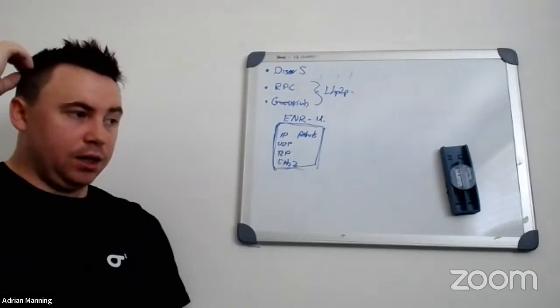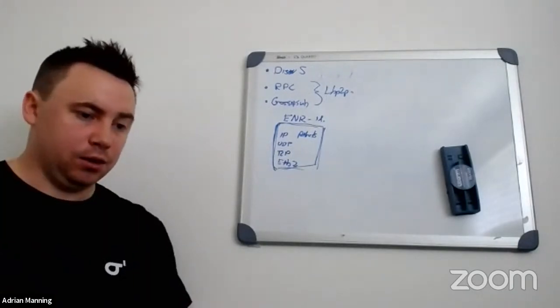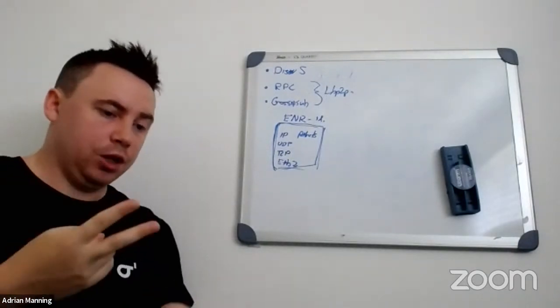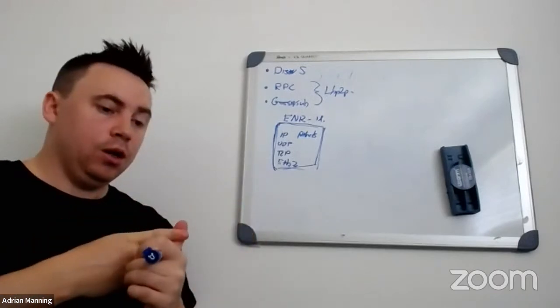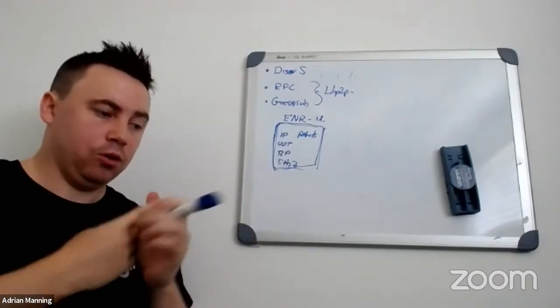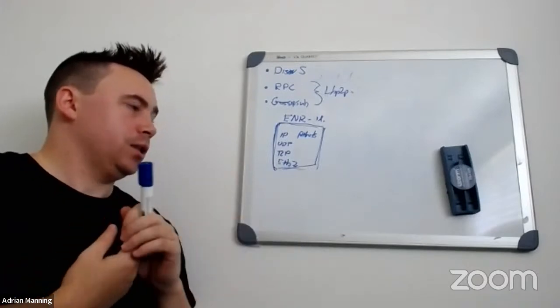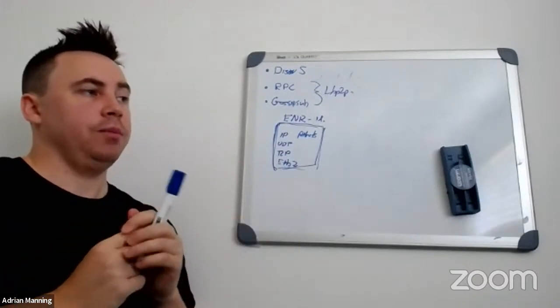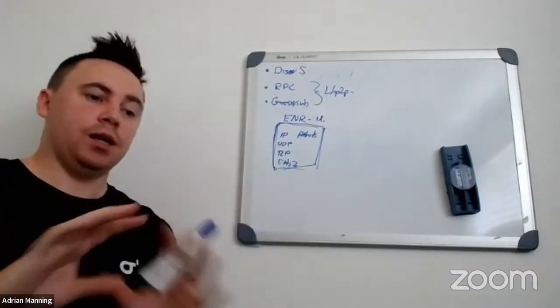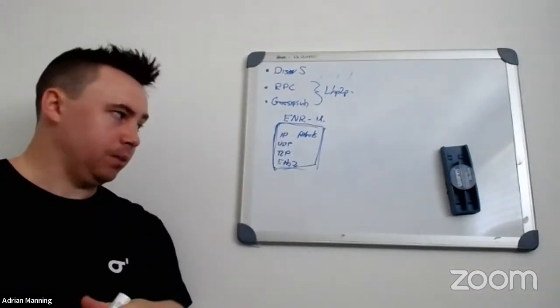So inside ENRs, we can put information that allows us to search for peers. The two Ethereum-specific ones are the fork, so we can search for peers on a particular fork, network, or chain, and the attestation nets field, which I'll talk about later, but it represents what subnet they're on. So we can look for different subnets.